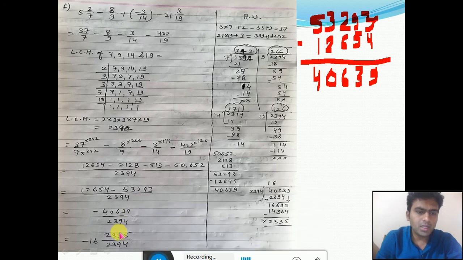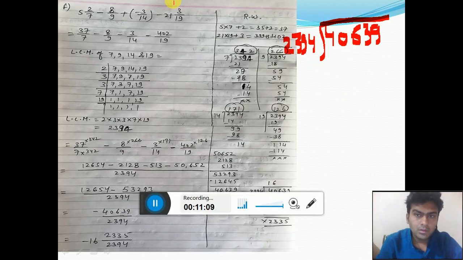upon 2394. Now it is an improper fraction because the numerator is bigger than the denominator. So we will divide this number 40,639 by 2394. Now see, this number 4 is less than 2394. 40 is also less than 2394. 406 is also less than 2394.